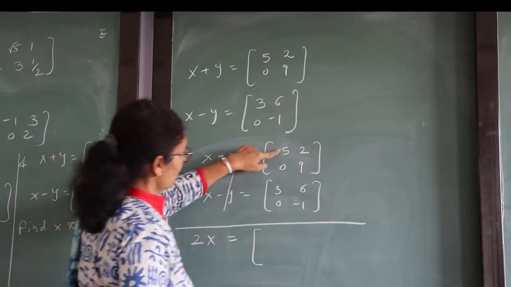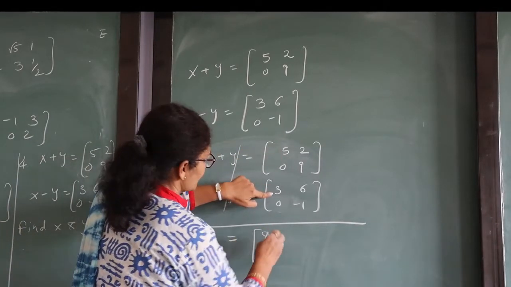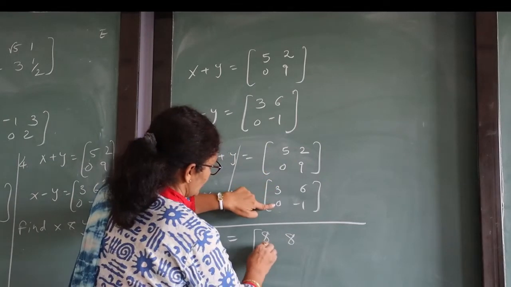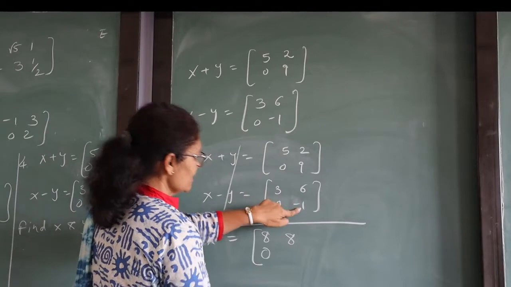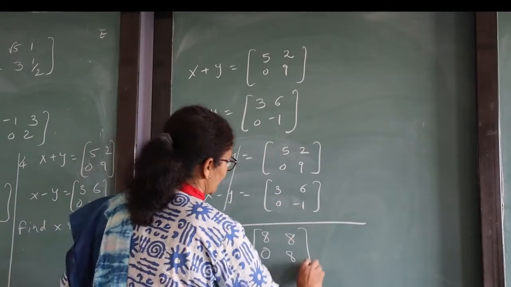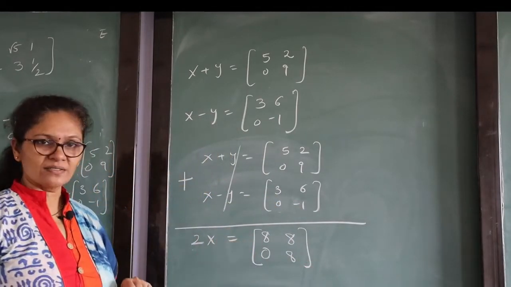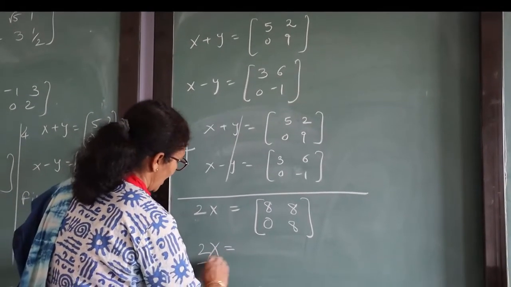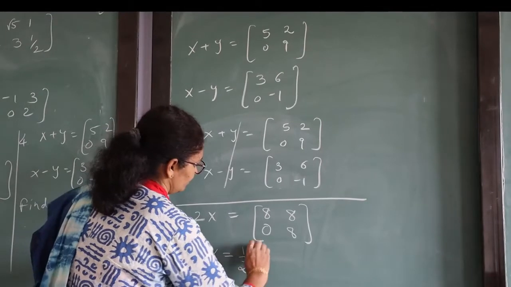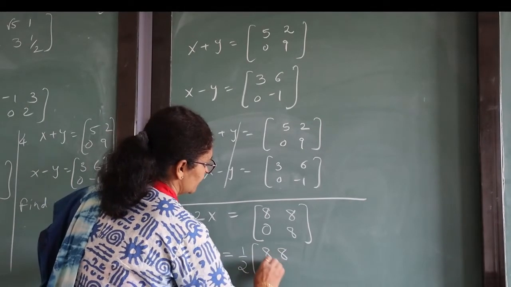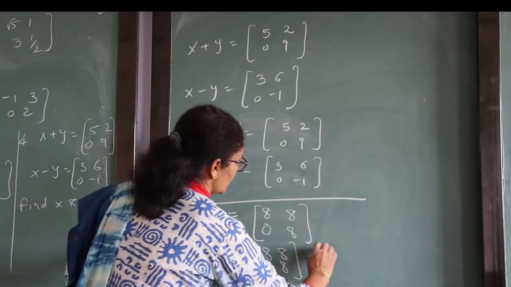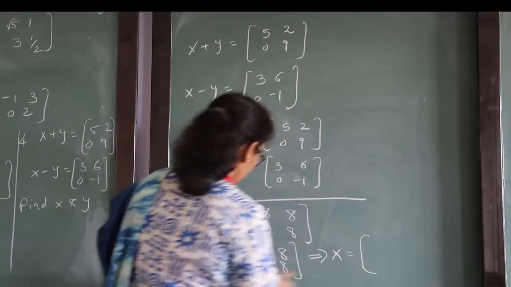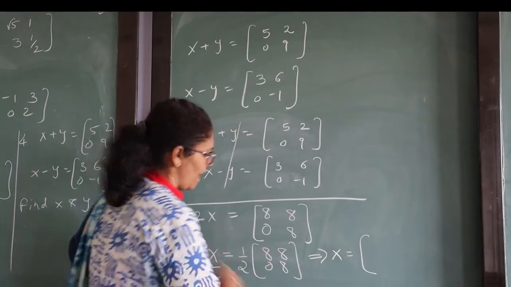Now let's add it. 5 plus 3 will be 8, 2 plus 6 again 8, 0 plus 0 will be 0, and 9 minus 1 will be 8. But here we are getting 2X. You want X. So let's divide both sides by 2. When you divide both sides by 2, your X will be, we simply divide all the terms by 2.